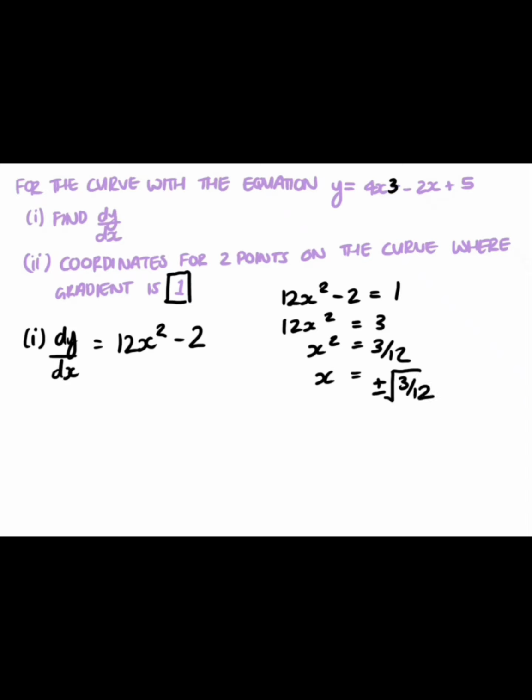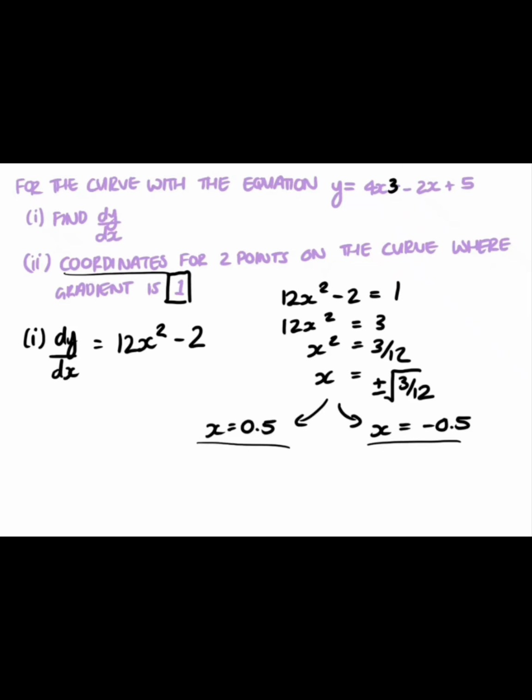And basically the plus or minus square root of 3 over 12 is the same as x either being 0.5 or minus 0.5. And remind yourself of the question, we're trying to find the coordinates for these 2 points. So we found the x value for these 2 points, we just need to find the y.